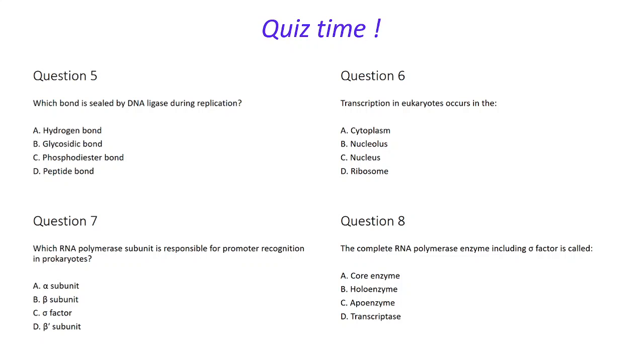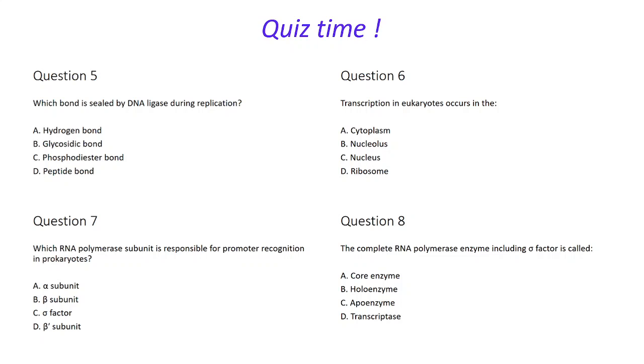Yeah, so in eukaryotes, the DNA is present in the nucleus, where the transcription, that is the DNA to RNA synthesis, takes place, and the resulting mRNA then exits the nucleus to the cytoplasm for translation of proteins at the ribosomes. So option C is correct.